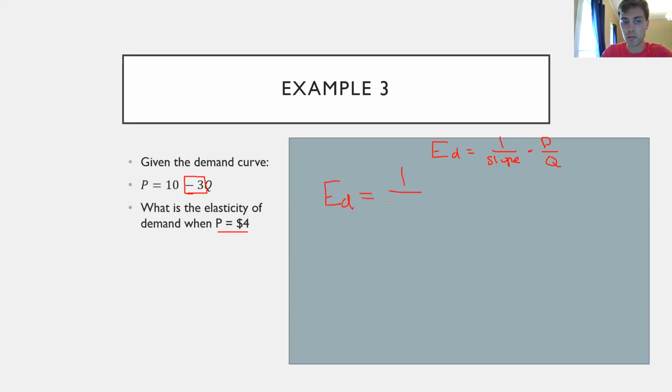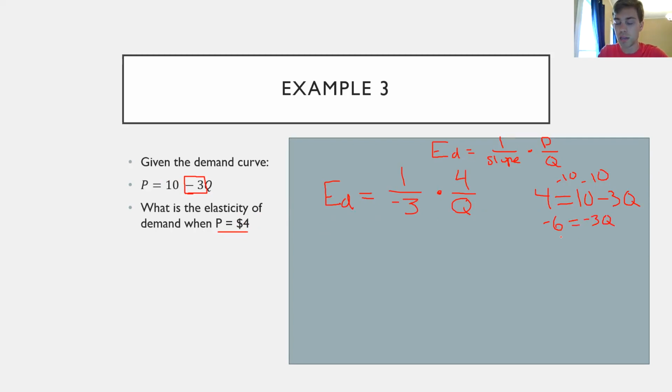Elasticity of demand is equal to 1/-3 times our price, which it gives us, which is 4. And then we're left with this unknown quantity. We need to figure out what the quantity demanded is at this price. The easiest way to do that is to plug the price into the demand equation. If price is 4, we can write 4 is equal to 10 minus 3Q. Subtract 10 on both sides, which gives us -6 is equal to -3Q.